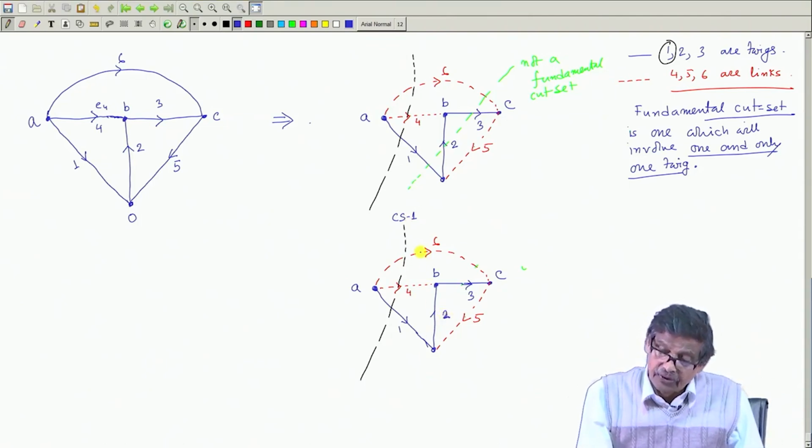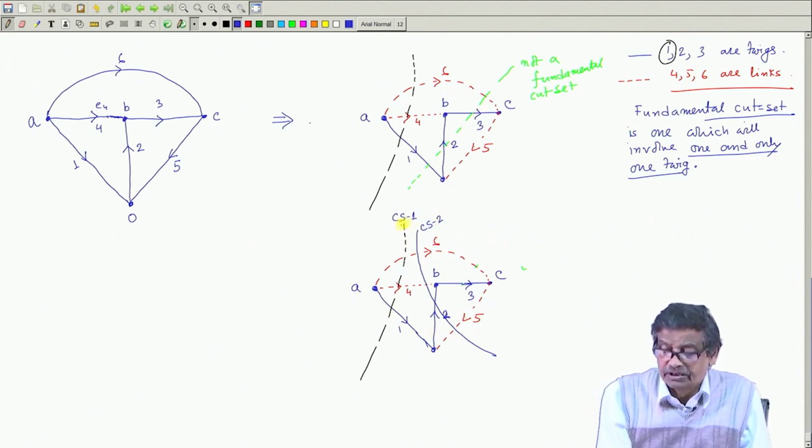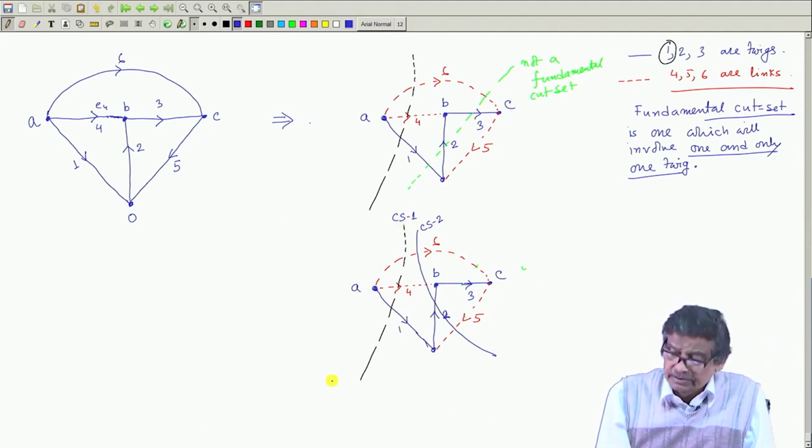Can I draw a cut set involving only twig 2? Yes. This is the cut set and I will call it CS2. Whichever twig is involved, by that I will name that cut set. So, cut set 1 means it will involve twig number 1 only, others will be links.